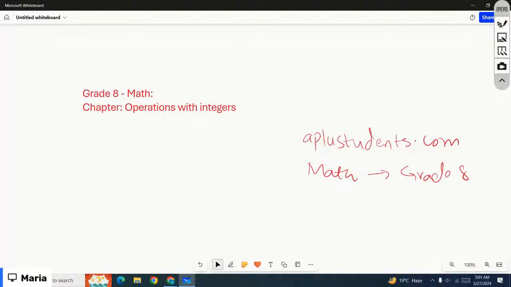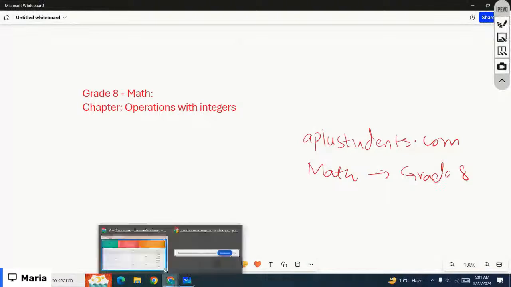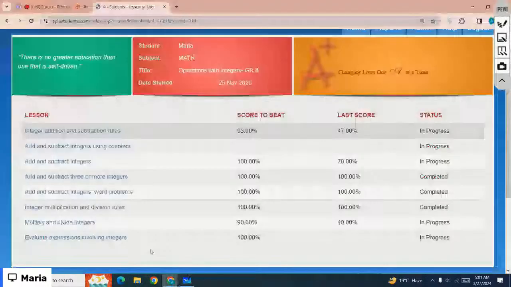We're going to start with the chapter operations with integers. Please make sure you have your notebook and pencil so that you can note down the important examples and definitions as well, right? Here I'm on grade 8 math.